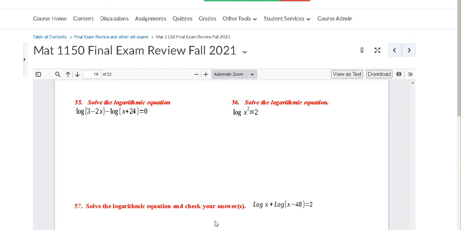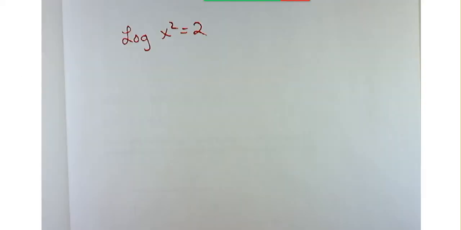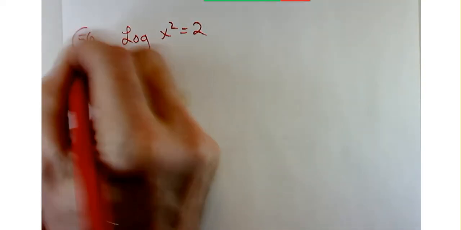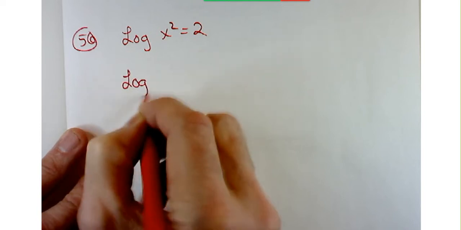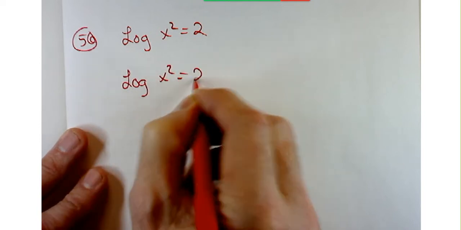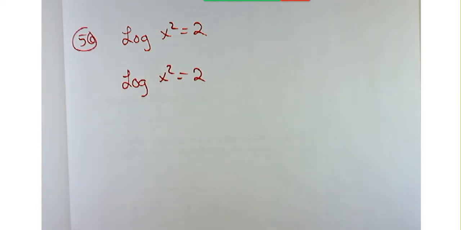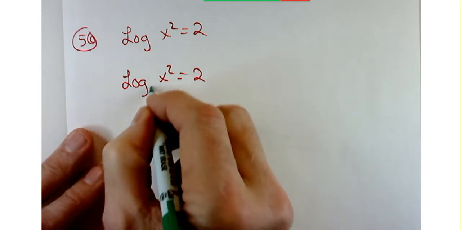In problem 56, it's log of x squared equals 2. What base logarithm is understood to be here? What base is understood but not actually written? 10. It's understood to be base 10.